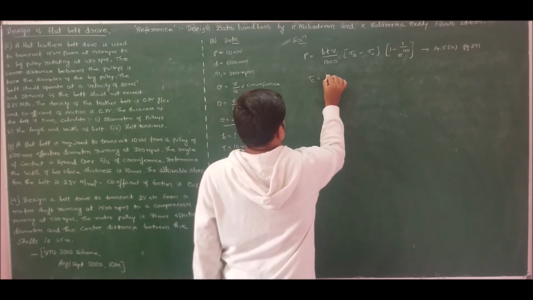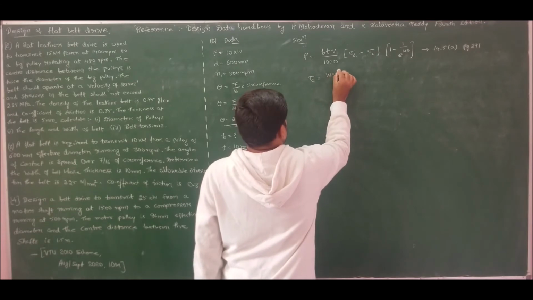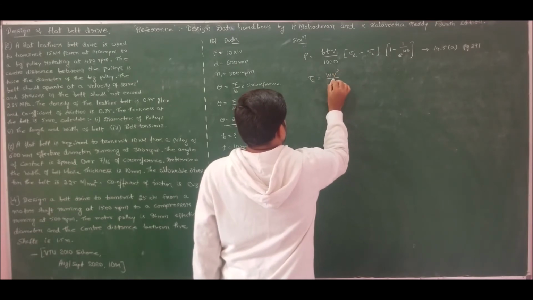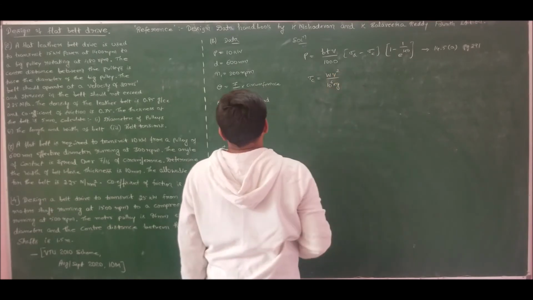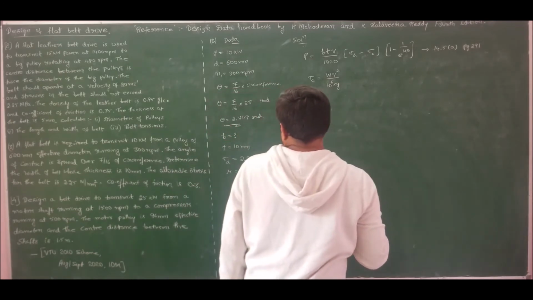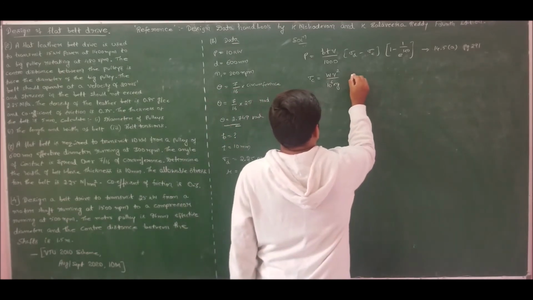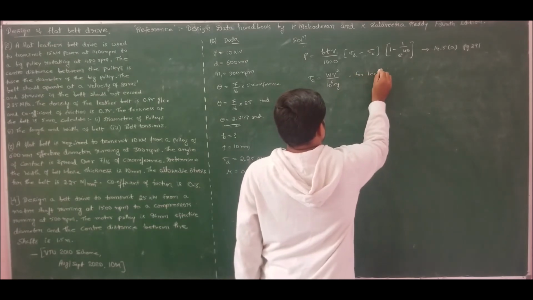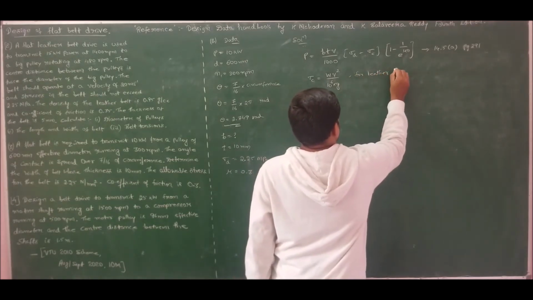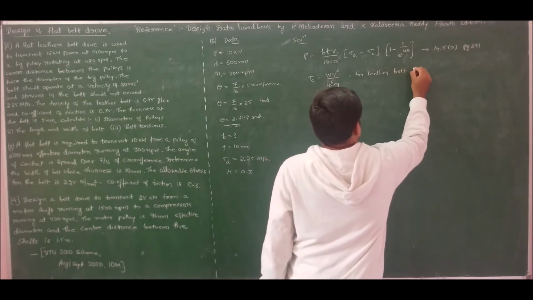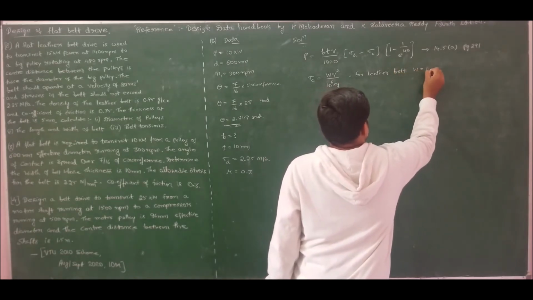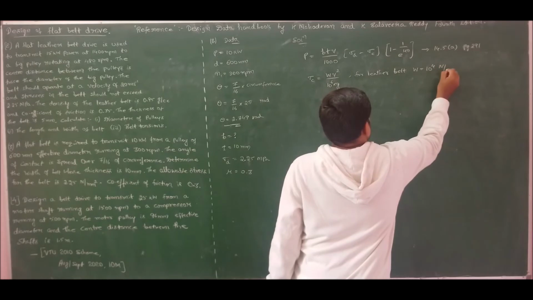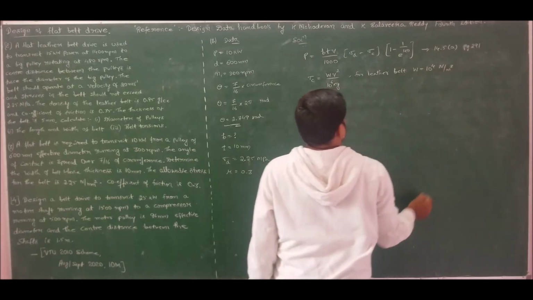Centrifugal stress is given by W v square by 10 to the power of 6 g. Since specific weight is not given, for leather belts specific weight W is 10 to the power of 4 Newton per meter cube.